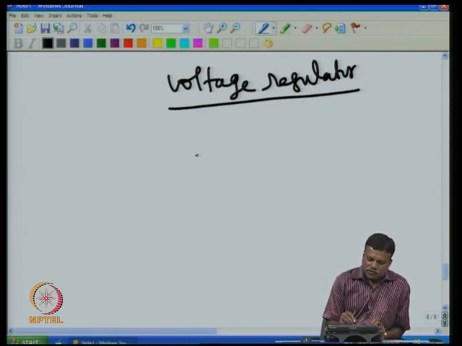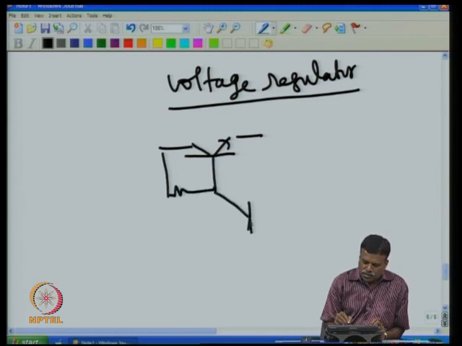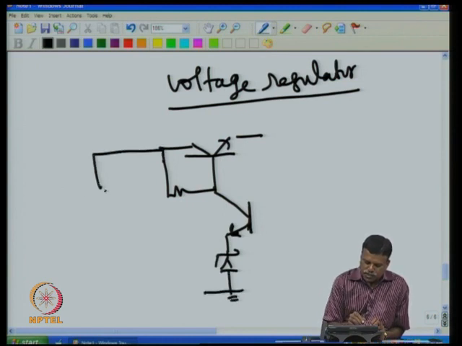For example, what they had done was they had taken a transistor like this, then they had put the resistance here, then the so called error amplifier was built in here. They put the Zener diode here, and that is the input voltage which is unregulated.